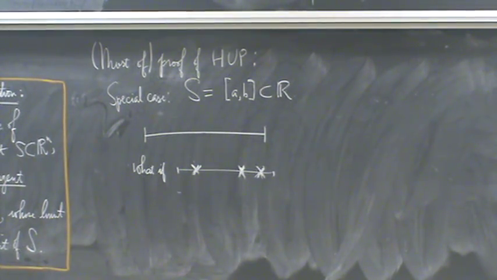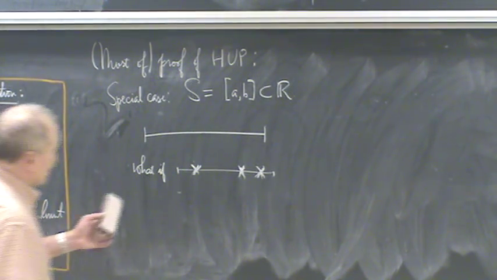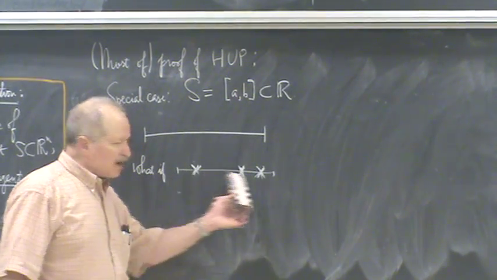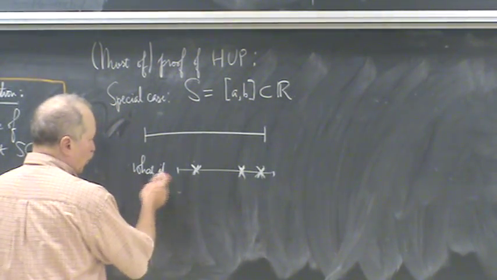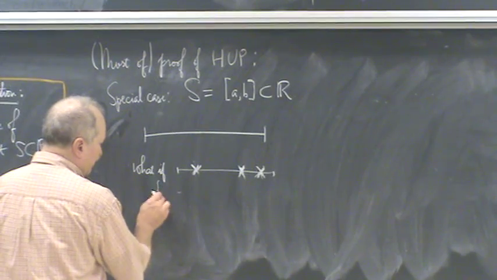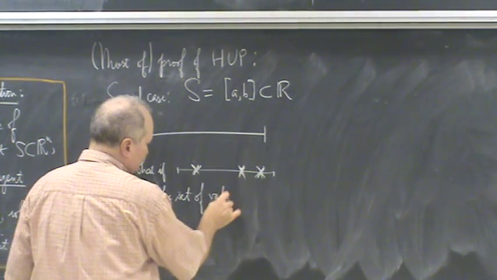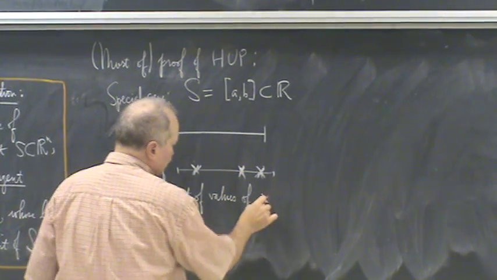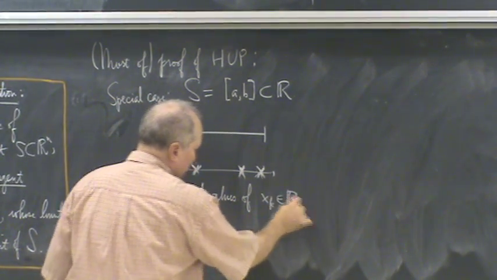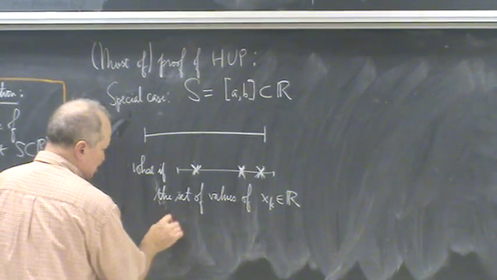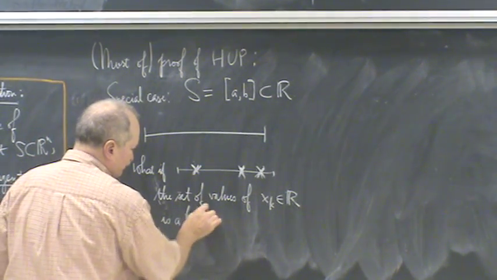Somehow this sequence isn't very creative, and it gets locked into just having a finite number of values. So what if the set of values of this sequence of points, as k varies, is just a finite set?